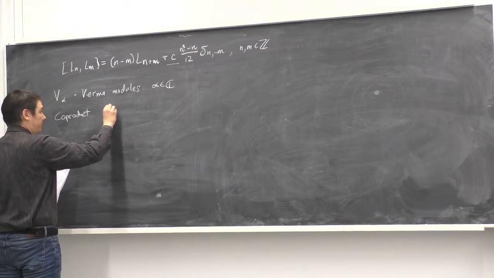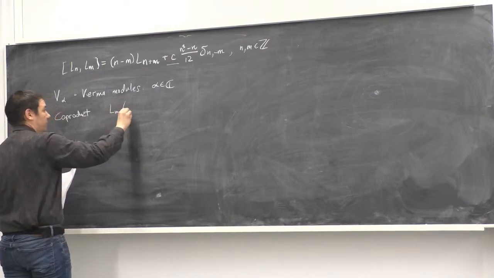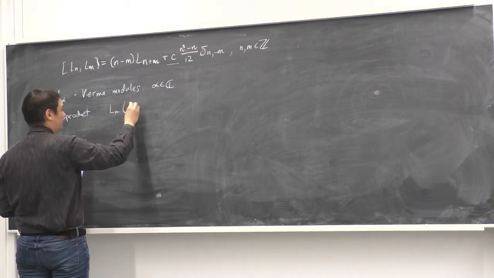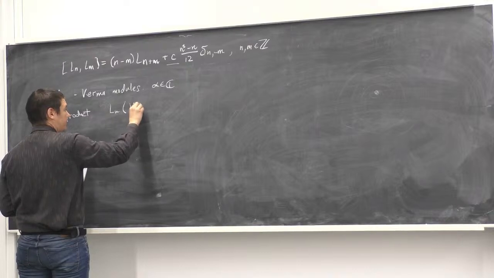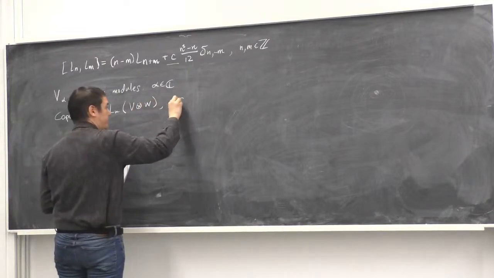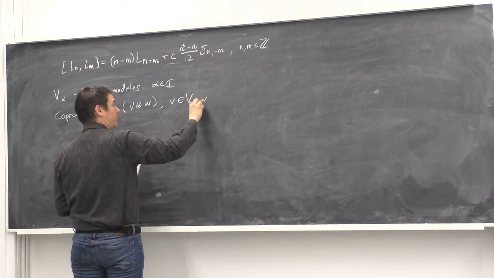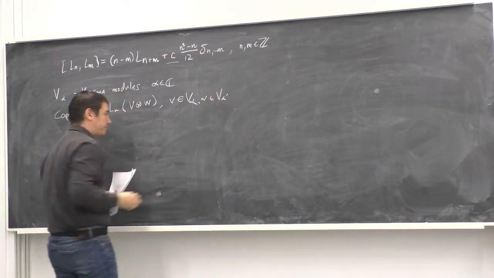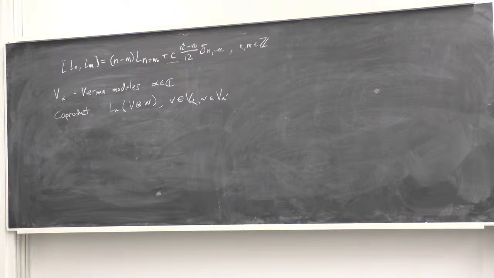So to define basically how L acts on v tensor w, where v is in V alpha and w is in V alpha prime. And indeed, it's almost as usual in the algebras related by the Leibniz rule, and here it's not much different. There is a very explicit formula which you can write. And how is C acting on this tensor? That is an excellent question.